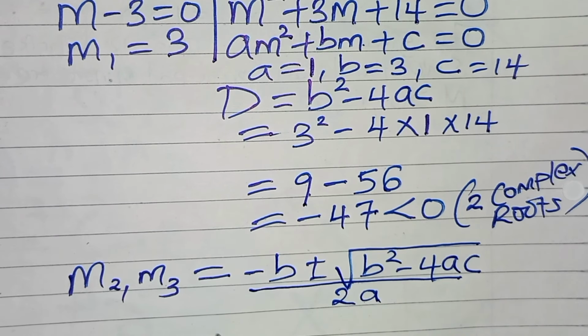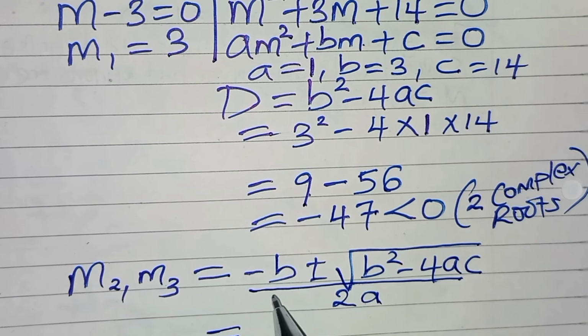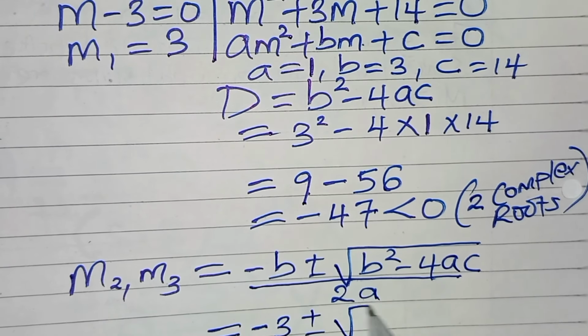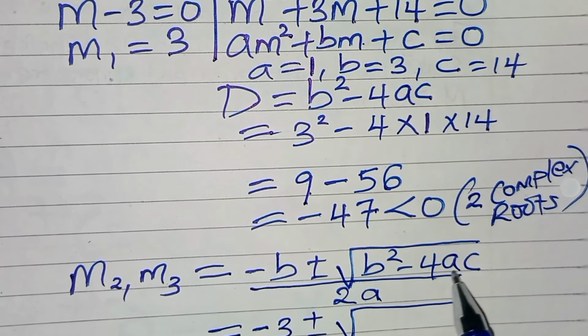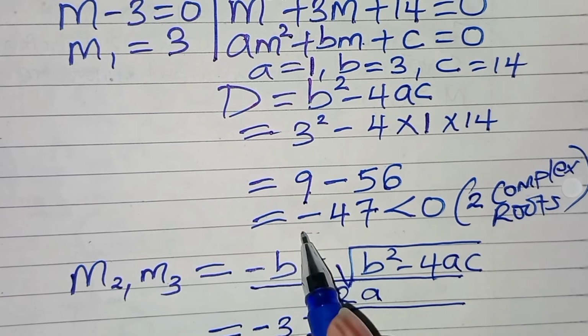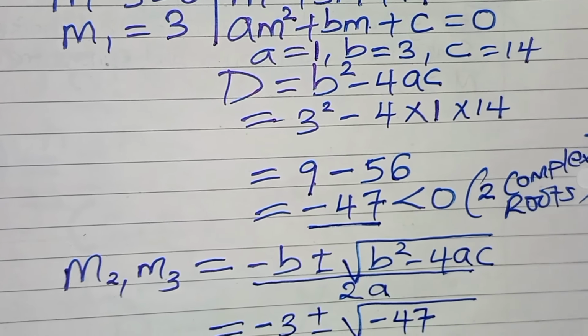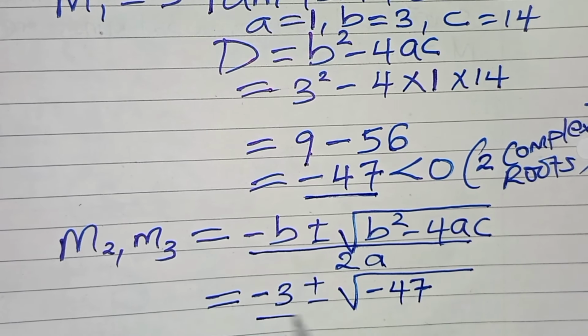So in the next step here, we'll have minus b, which is negative 3, plus or minus the square root of b squared minus 4ac, which is the discriminant value, negative 47, all this divided by 2.